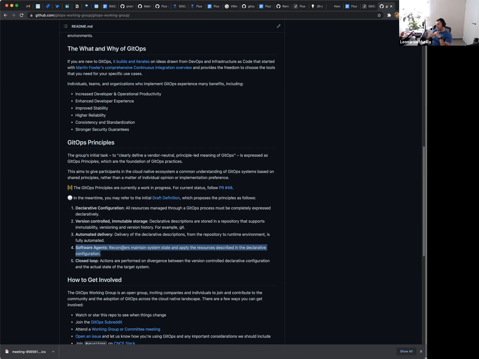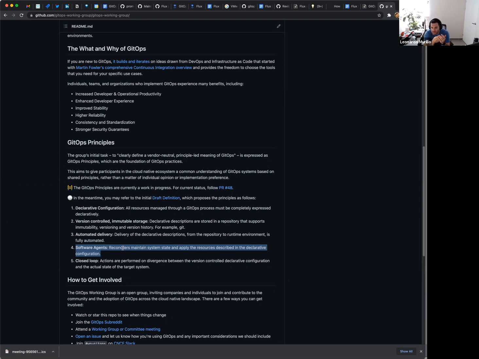Actually, I think what's most important about this principle, because we already talked about automatic synchronization in principle 3, is that it's continuous. We already know there has to be some form of software agent performing this action, because principle 4 is all about automation.